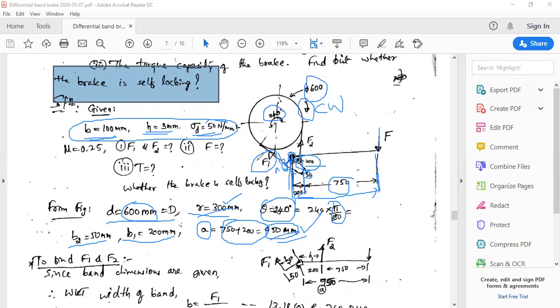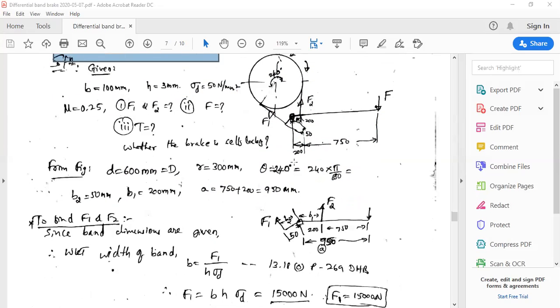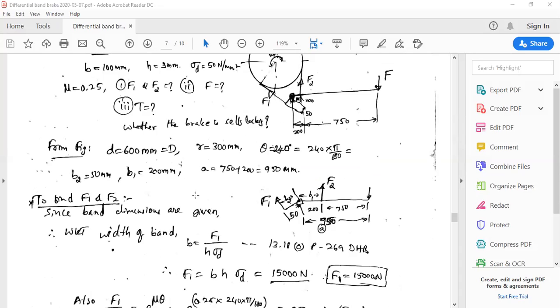That is the tight side tension F1, and this one is represented here as the tension in the slack side, F2. And also, we have to check for the self-locking condition. Now, taking these given values into account, let us proceed with the design.